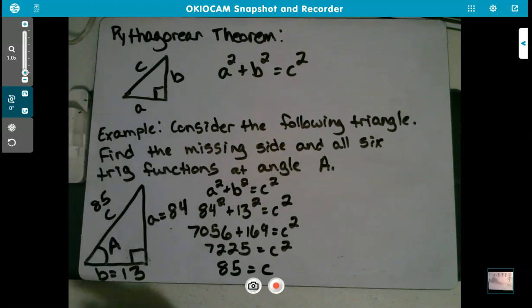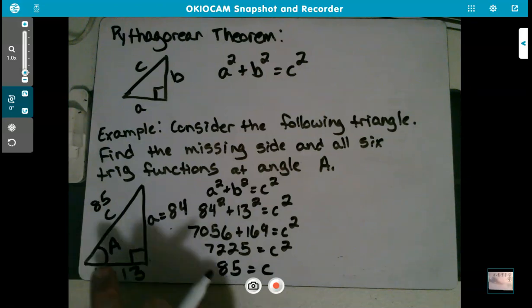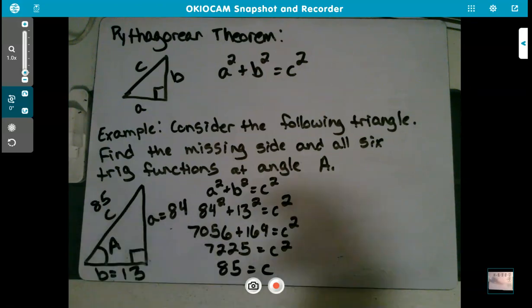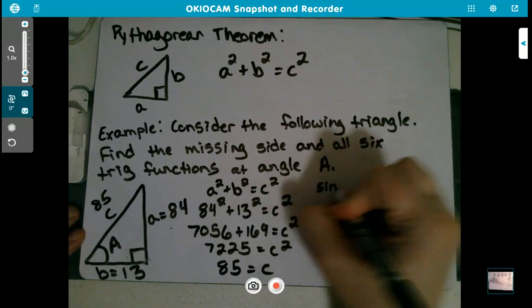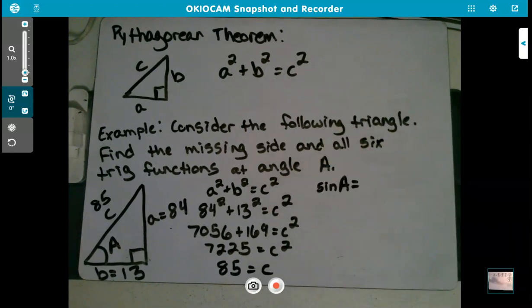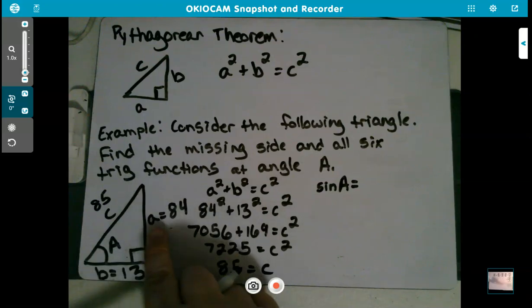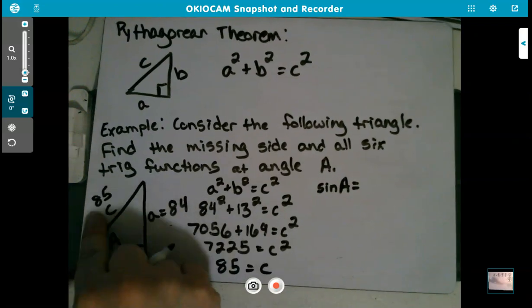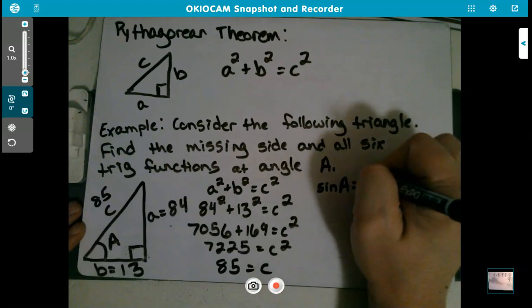So now that I know what all 3 sides are, I can find the trig values for angle A. So first one is going to be sine of angle A. Remember we said on our list a while ago that sine is equal to opposite over hypotenuse. So that's going to be 84 over 85.